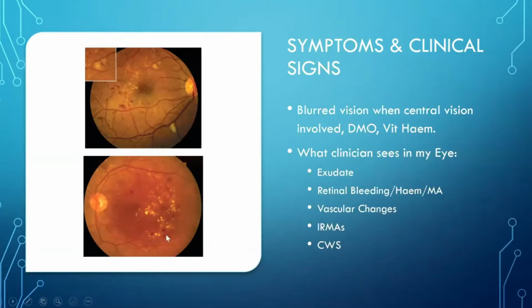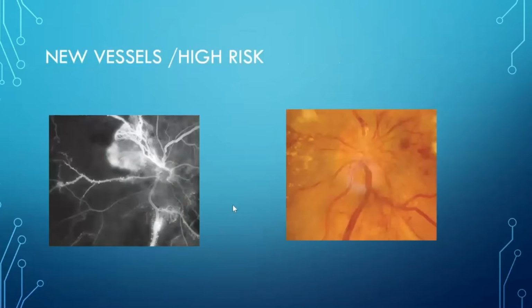Also, we can see very fine, tiny vascular components called IRMA, intraretinal microvascular abnormalities. And we can see cotton wool spots, a sign of ischemia, that the retina is tired. I'm trying not to talk with very complicated terms, so that people can follow us. I hope that's okay.